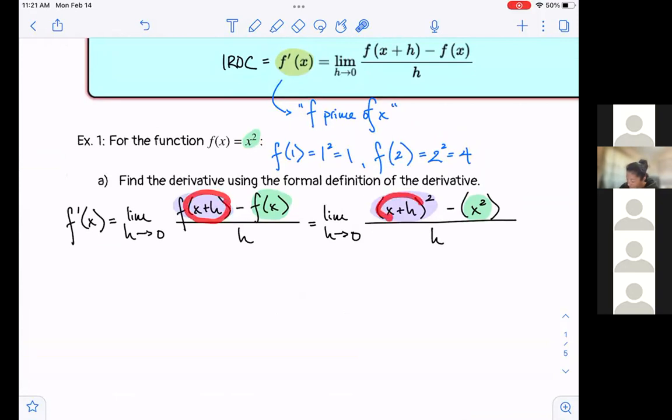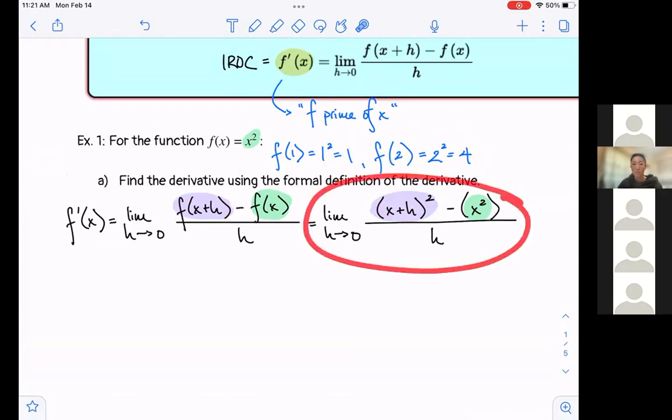So I'm going to do x plus h squared. All right. Now this is so important. I do want to pause here for a moment and see how are we feeling with where this came from? Just plugging in the f of x and plugging in our f of x plus h.